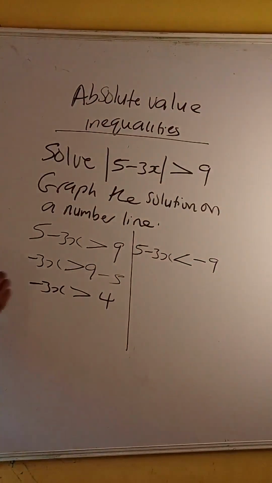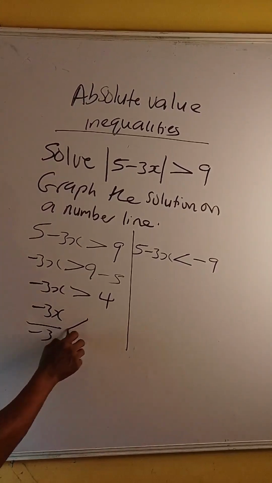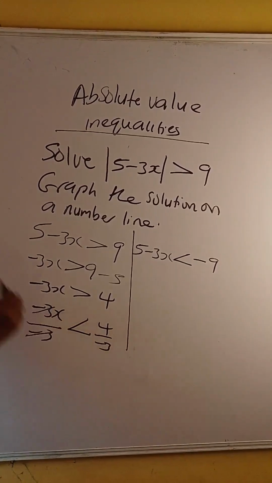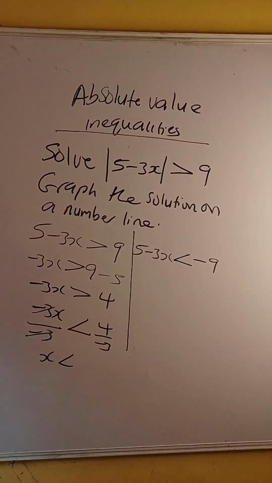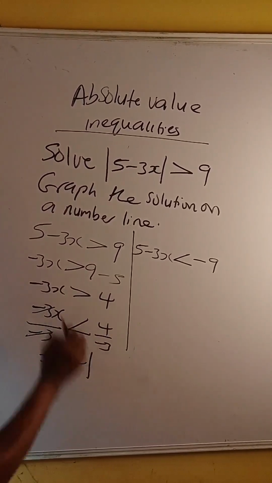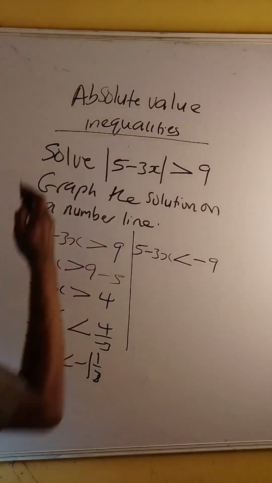Minus 3x over minus 3 should now become less than 4 over minus 3. This will cancel out. Our x is less than minus, take it to mixed fraction, 1 whole number 1 over 3. That is it.